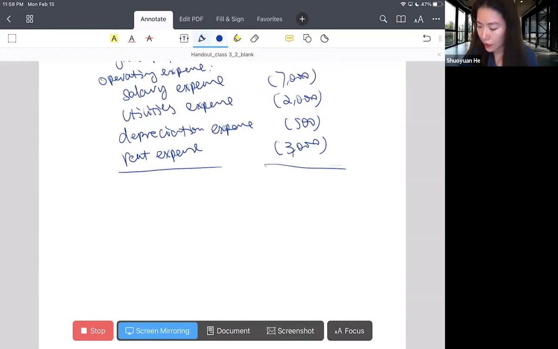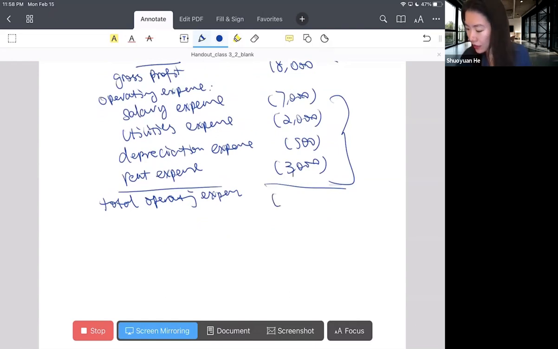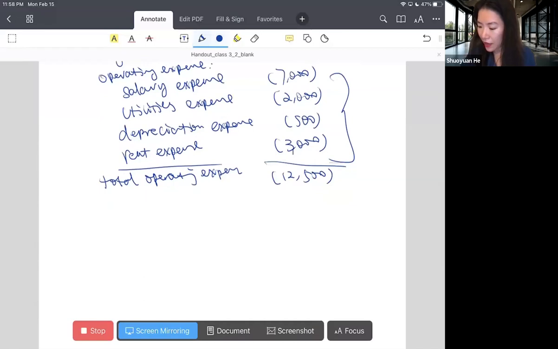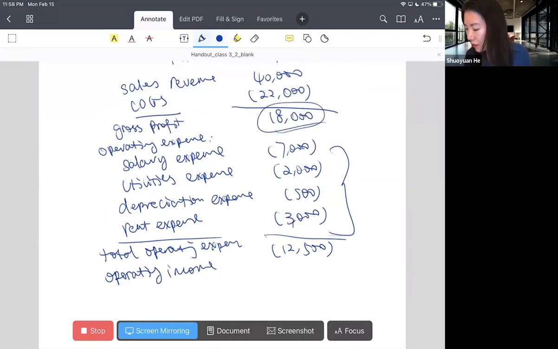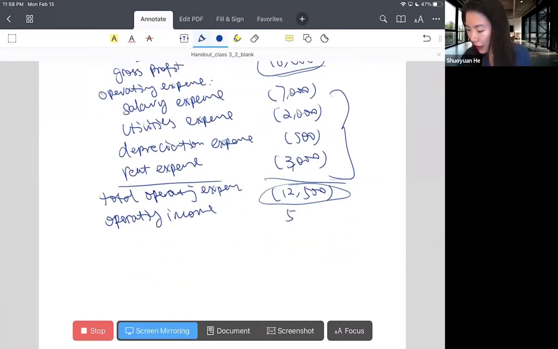So the total operating expense, which is the sum of all of those, that is 12,500. And then operating income, which is your gross profit minus operating expense, that is 5,500.